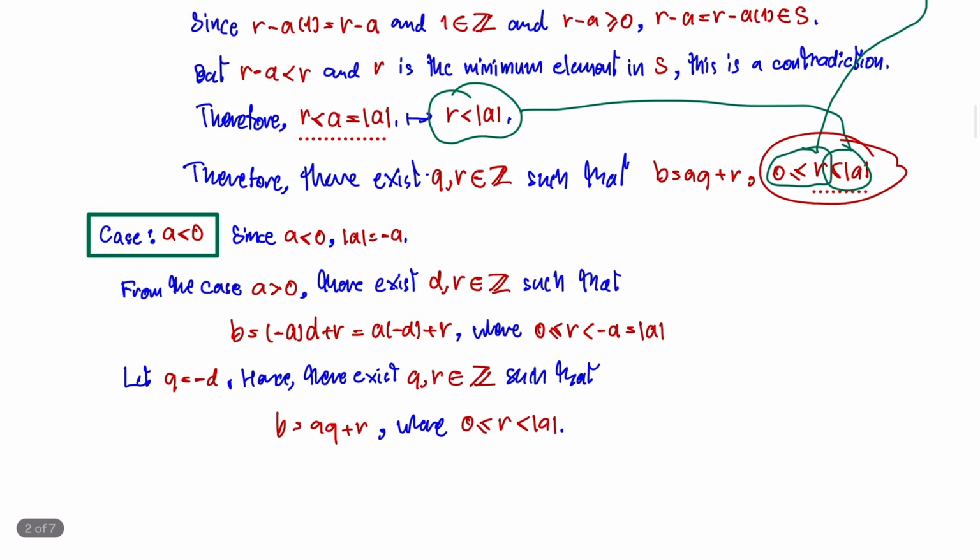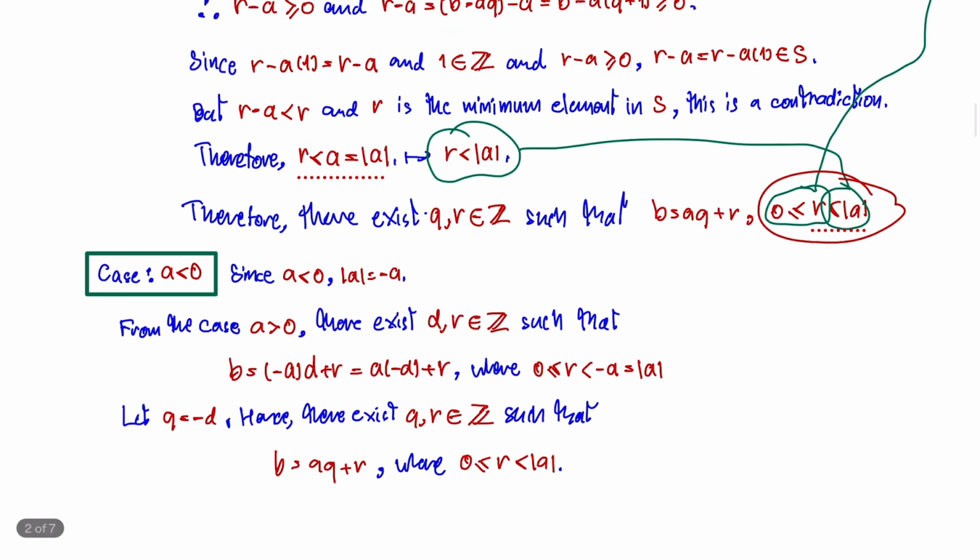And this is the proof of the existence of Q and R, so that B equals AQ plus R, where R is greater than or equal to 0 and less than the absolute value of A.